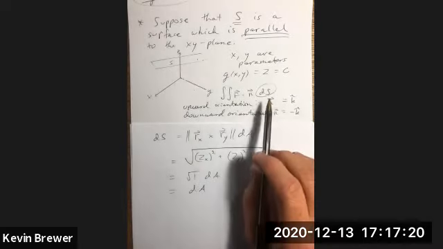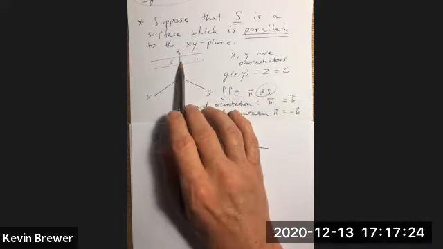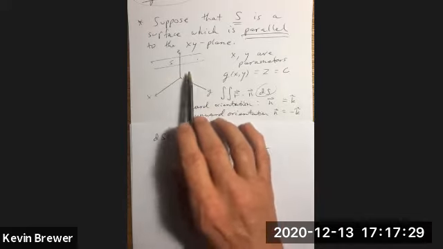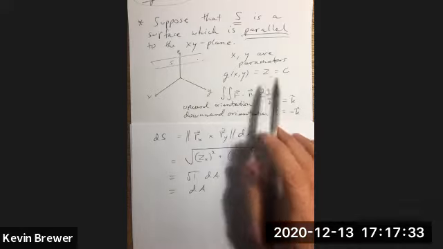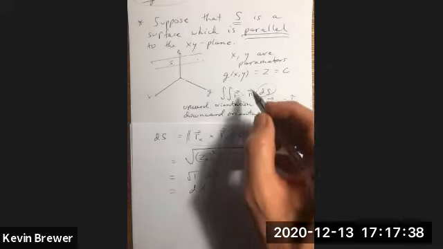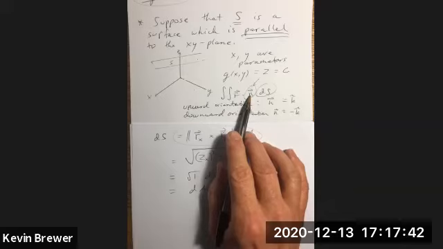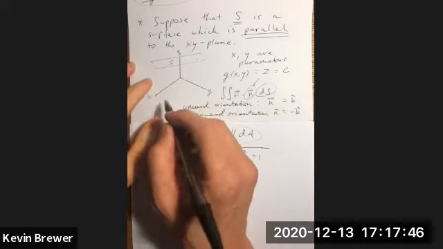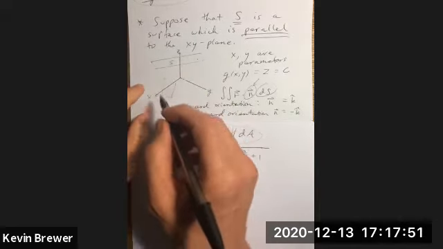So my point in saying this is, if you're ever integrating across a surface which is parallel to one of the coordinate planes, then you don't have to go through all of this. You can just always see what your n is. This would be the same if we had a plane out here parallel to the YZ plane.